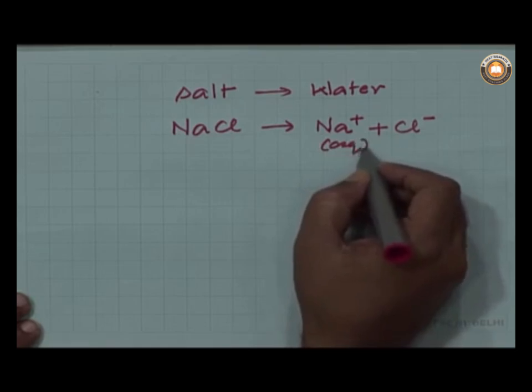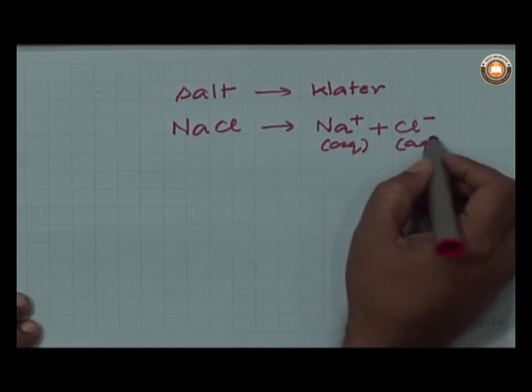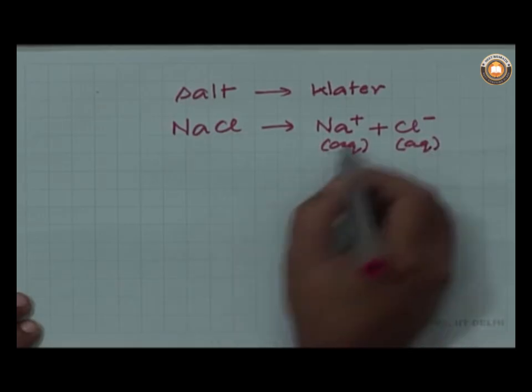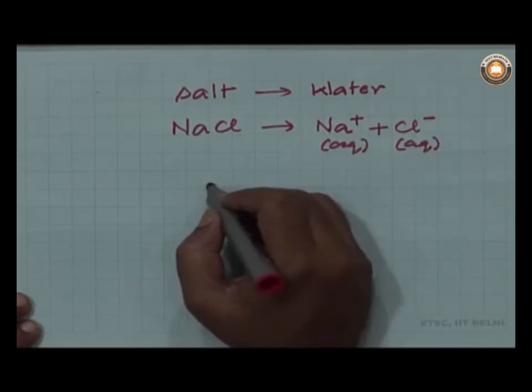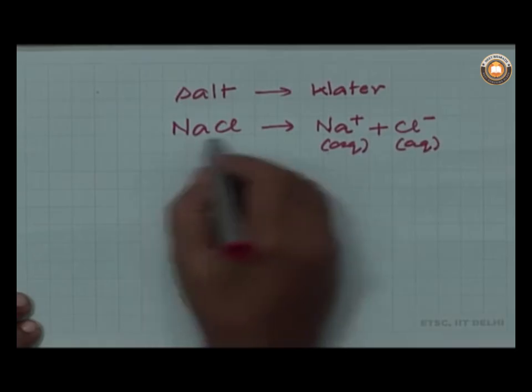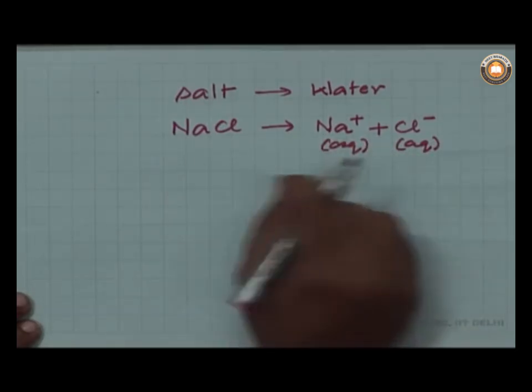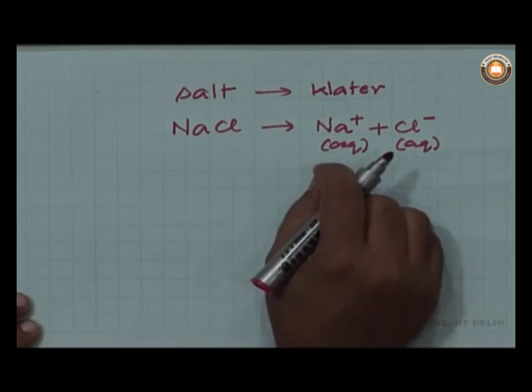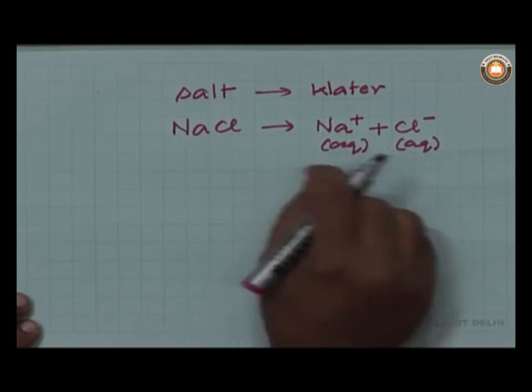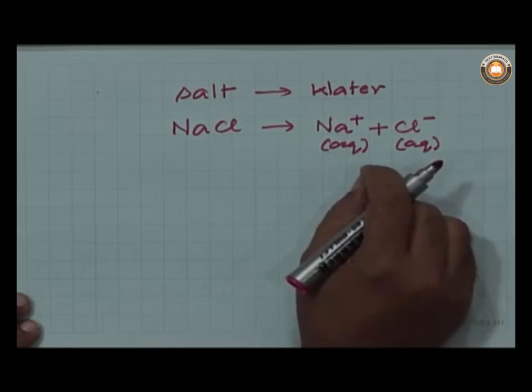Na plus will convert into hydrated Na plus, this is hydrated chloride ion, they will form in equal amounts, this will be 100% dissociated. So, you can see that in this reaction neither H plus nor OH minus is formed.